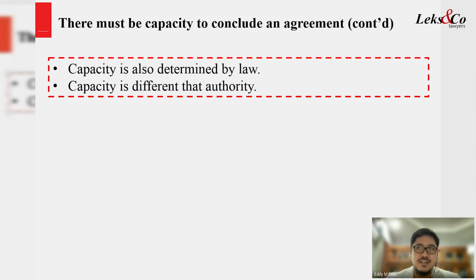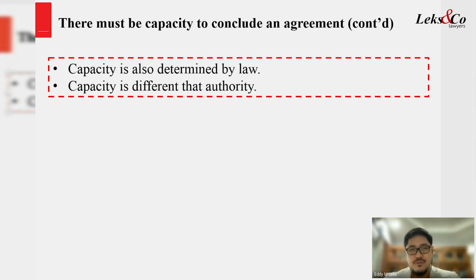But if he doesn't have any power of attorney, it means that he doesn't have any authority to represent someone else, right? Because the power of attorney can be given to anyone outside the company at all, right?